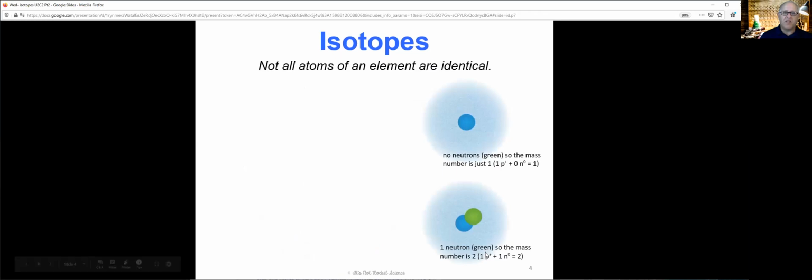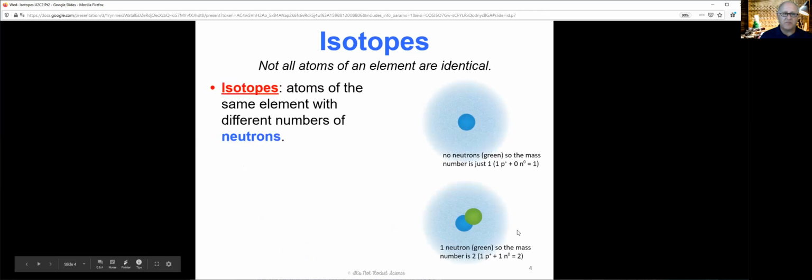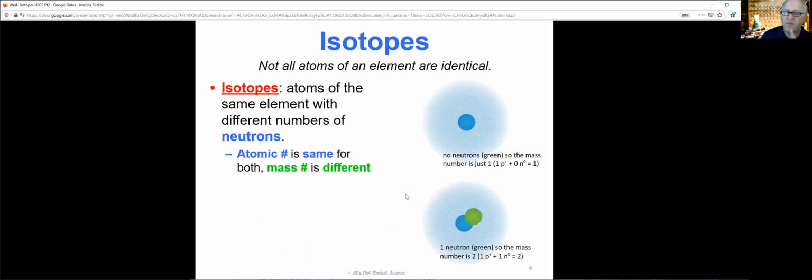So, not all atoms of an element are identical. The isotopes are atoms of the same element with a different number of neutrons. The atomic number is the same for both, but the mass number is different. And we're going to look at that in just a second.